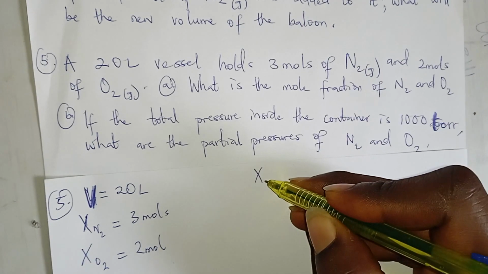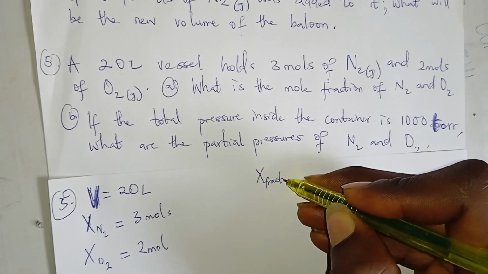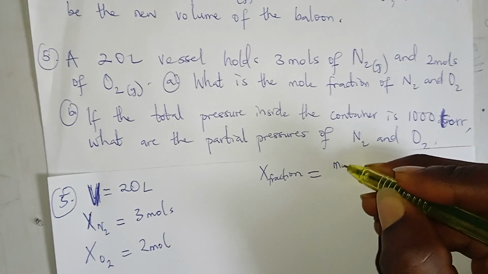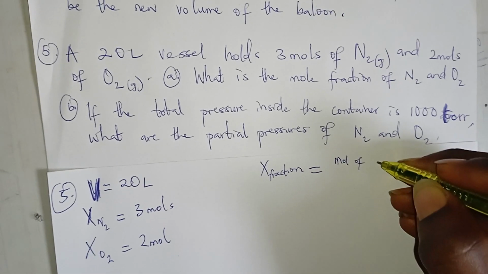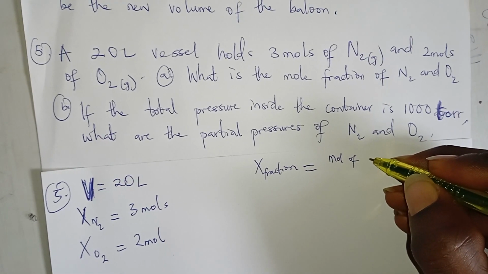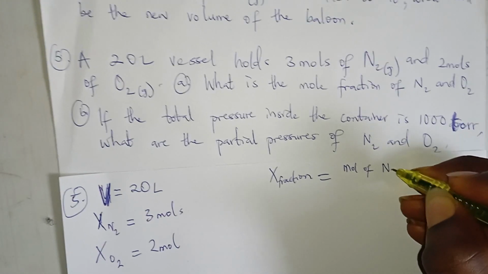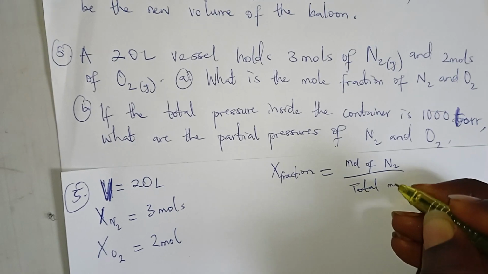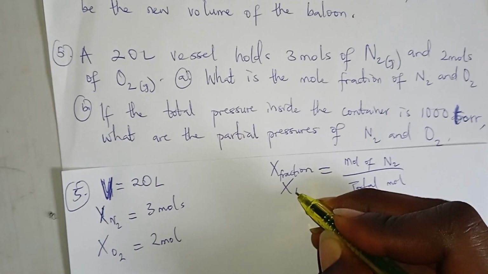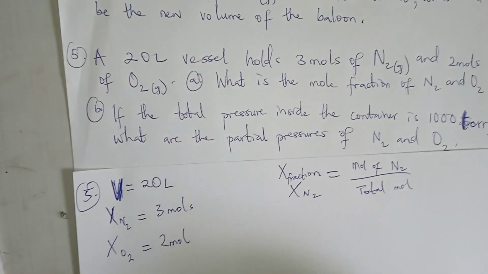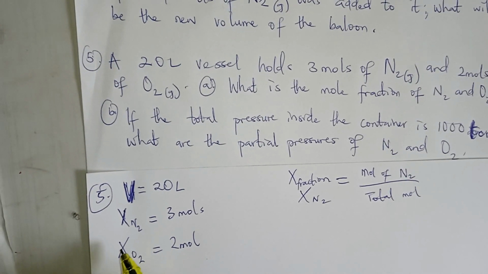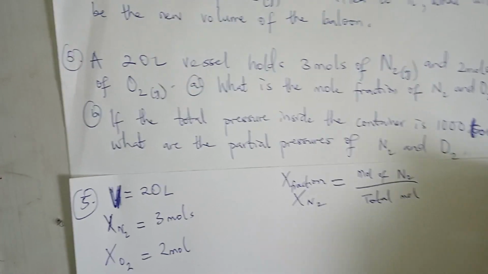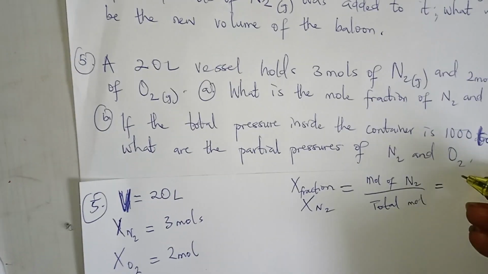So please, anytime they ask you mole fraction or just X, know that mole fraction is simply mole of a particular gas, let's say here mole of N2, all over total mole. So this X is representing mole fraction.